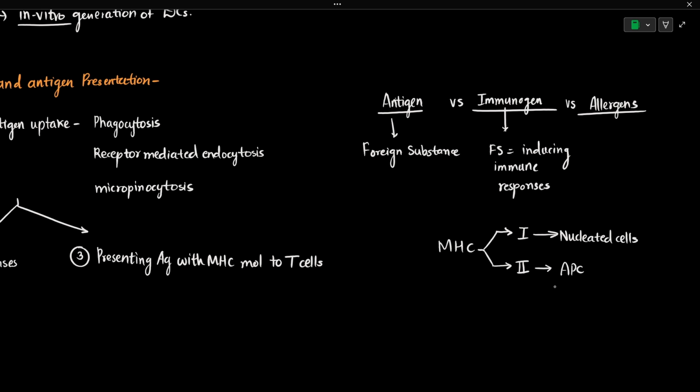Whereas the MHC class 2 molecules are only present in the antigen presenting cells. They are present on the dendritic cells, the macrophages and B cells. So only dendritic cells, macrophages and B cells are the ones which are going to have MHC2 molecules.